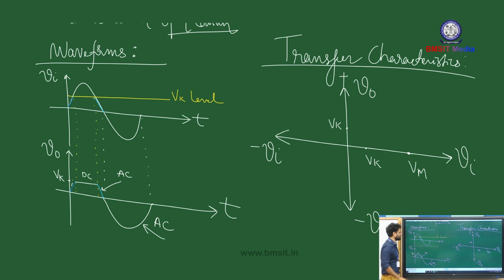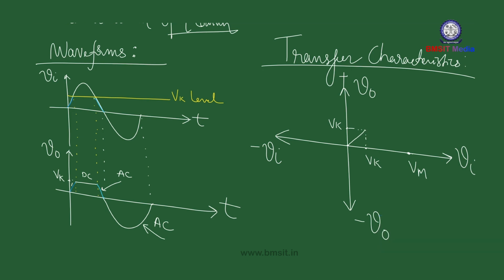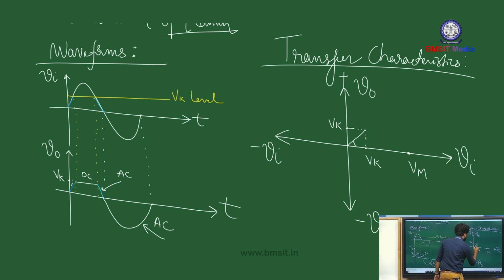Output is Vi. As long as your input is less than Vk, output is Vi. So Vi is AC, so a straight line with a slope of 1, and the inclination angle is 45 degrees.